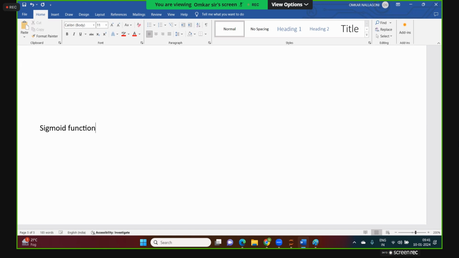Sigmoid function values range between 0 to 1 only.